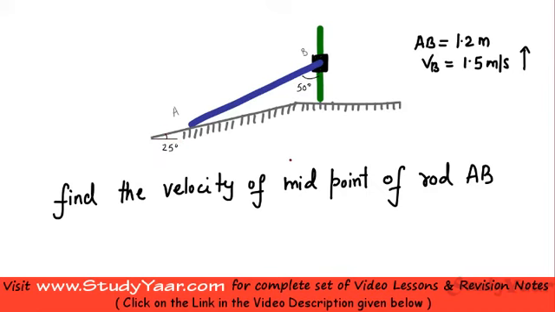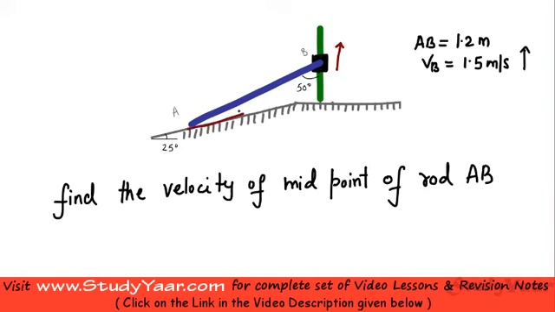First, what we are going to do is find out the instantaneous center of zero velocity. Just see over here, you know the direction of your point B as well as the direction of your point A. This rod is always going to be touching this surface, right?